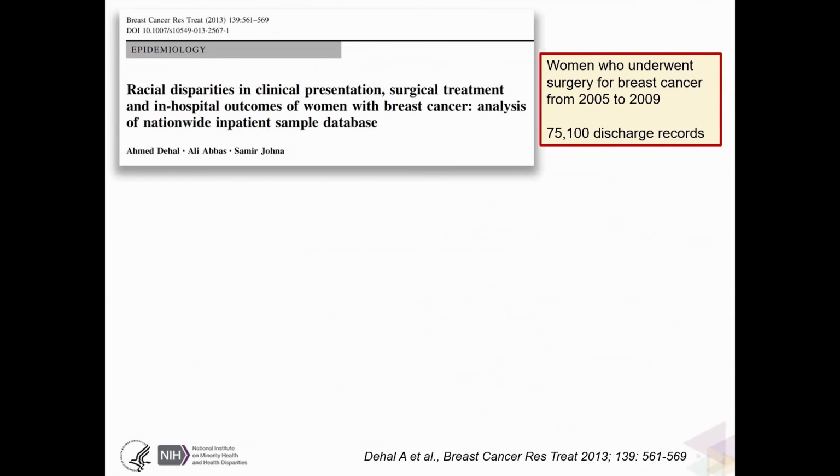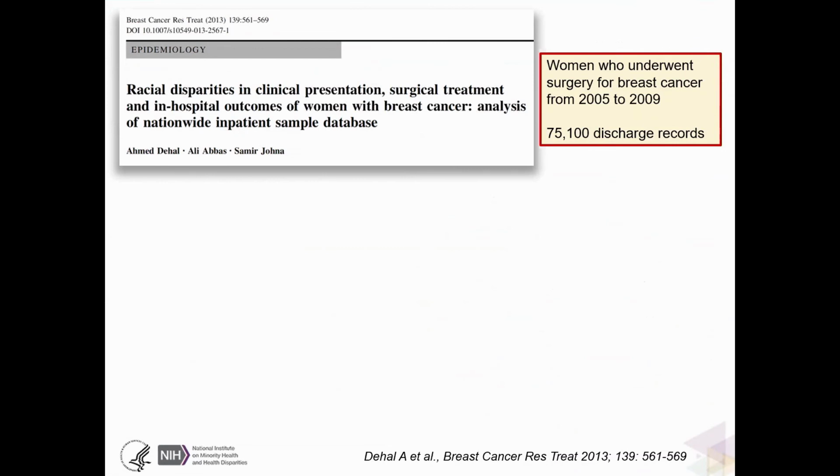The authors mentioned in the text that 17% of non-Hispanic white women and 10% of Asian women lived in poor neighborhoods, compared to 45% of African American women, 35% of Hispanic women, and 34% of American Indian women or Native American women. So there were some indicators of differences in socioeconomic status in this sample.